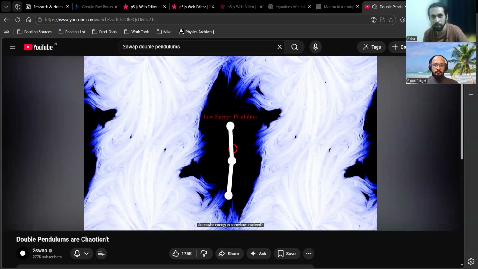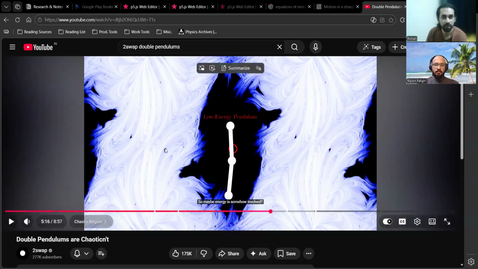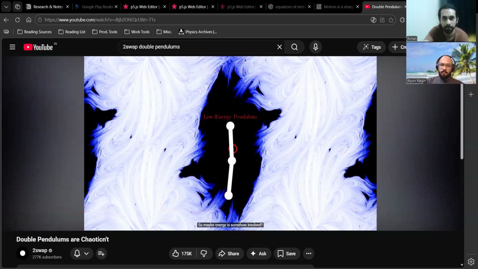There's only 1.5 minutes left, so I'll just summarize what I've understood so far, and I'm quite sure I'll continue this next week. So this graph is showing x and y values, these are x and y values of theta 1 and theta 2.